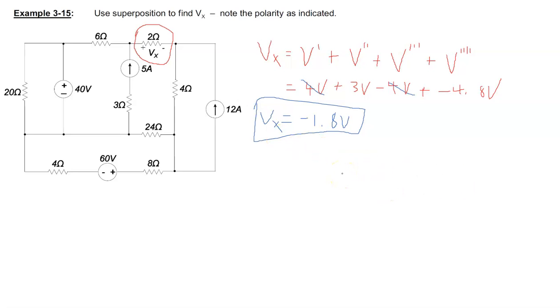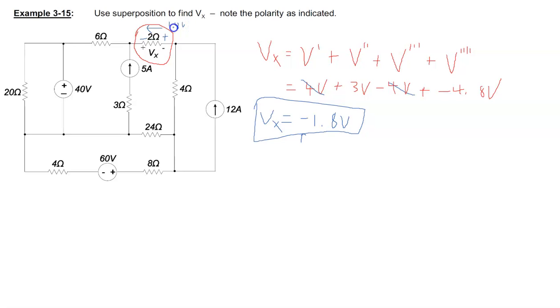Now, we could come up with the same result from any of the other methods. Maybe superposition is easiest for that circuit, which is a kind of complicated circuit. And remember that the negative polarity on this suggests that the net current, or the total current to that resistor, actually goes through this way. And that means then that the reality is that it is plus 1.8 volts, right?